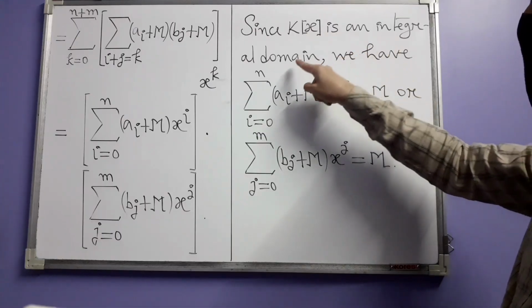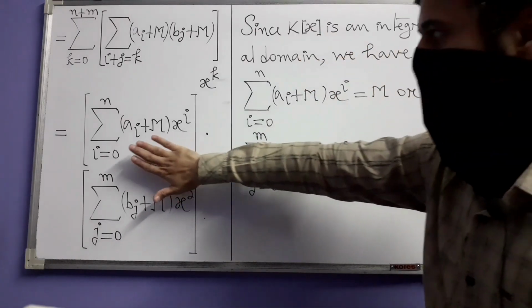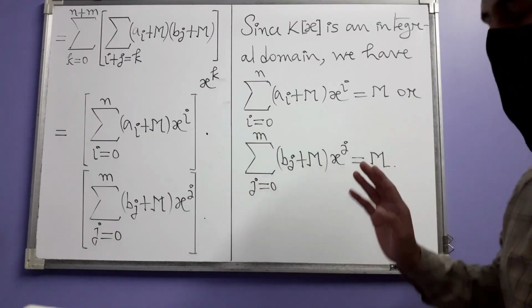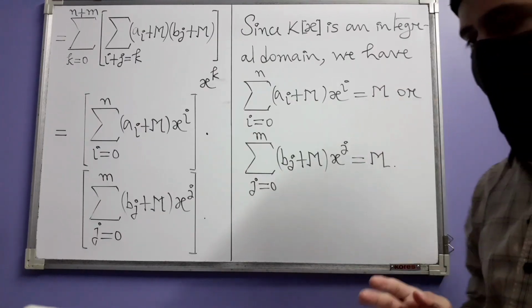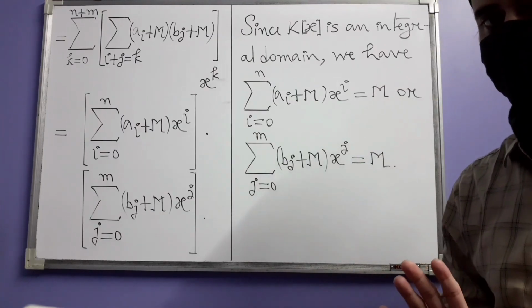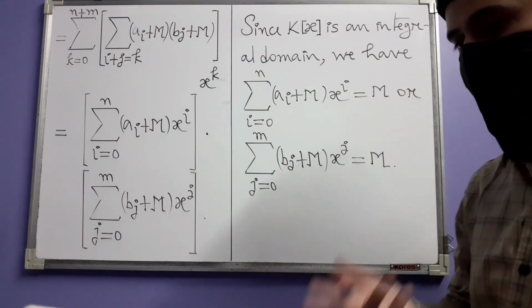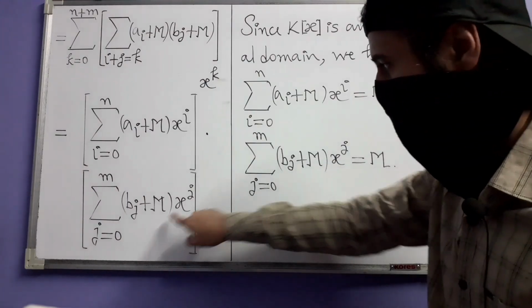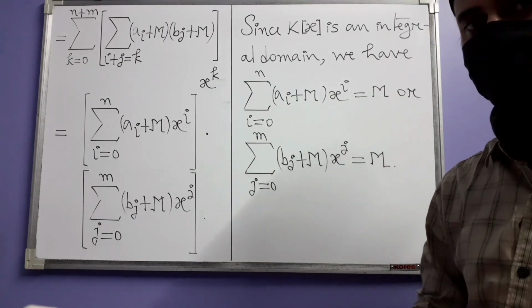Since K[x] is an integral domain, either this is equal to 0, where 0 here means M. Actually, even if you write 0, that's not a problem, but you have to interpret it as M, because that's the 0 element, or this is 0.